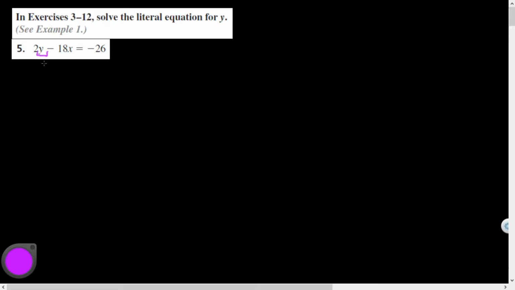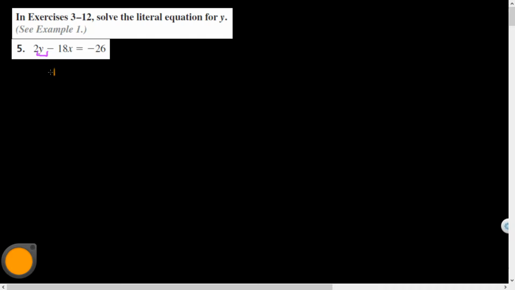The operations that are occurring to y: it's being multiplied by 2 and then subtracted by, just pretend a number. All right, just pretend that's a number. So I've got multiplication and subtraction. If I want to undo what is happening to y, I've got to deal with subtraction before multiplication, because remember, we SAD MAP.